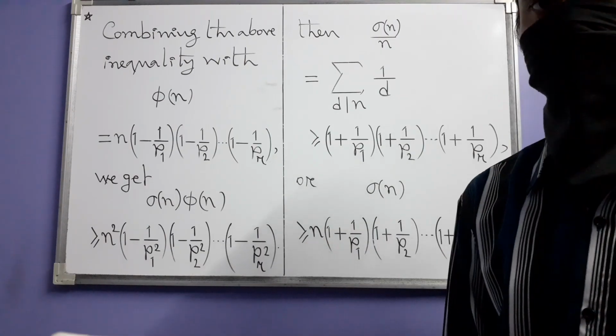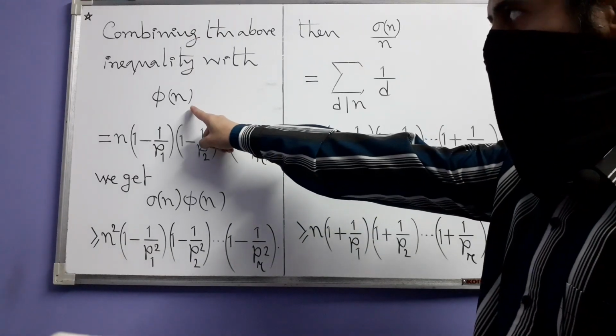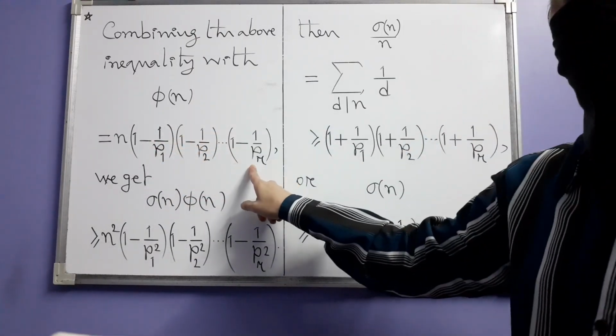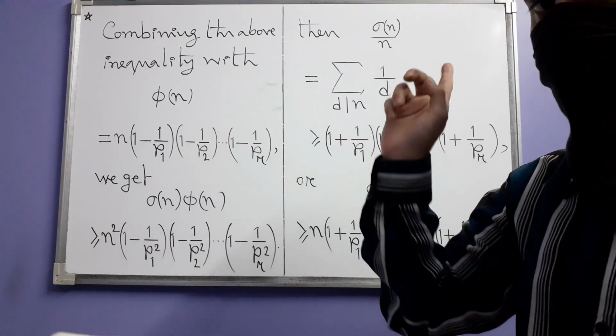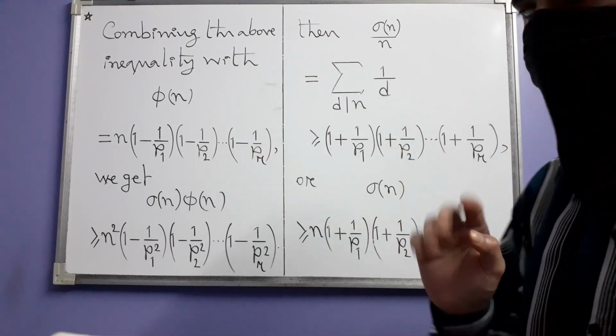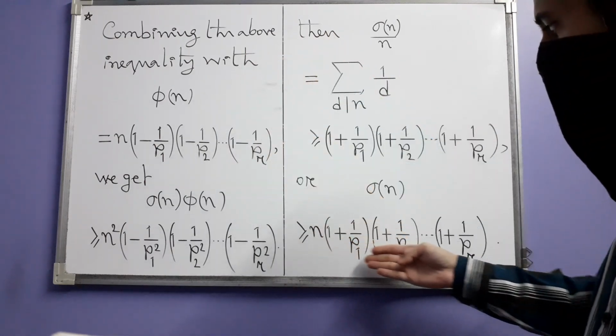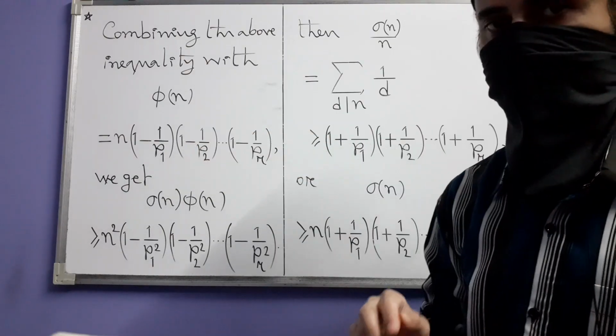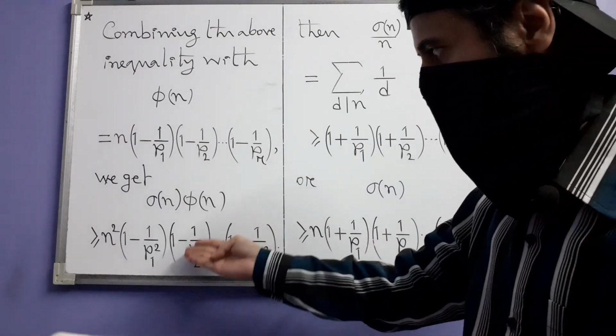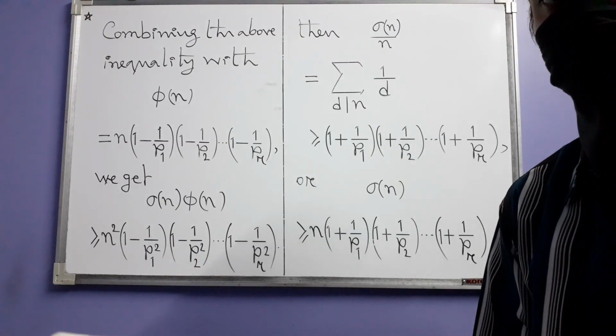And then finally you recall the formula for phi of n, which is this. If the factorization of n is given like that in terms of the pi's, you combine the inequality with this phi of n. Combine means you multiply, and that gives you your inequality.